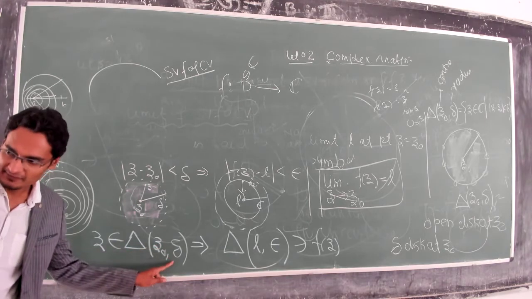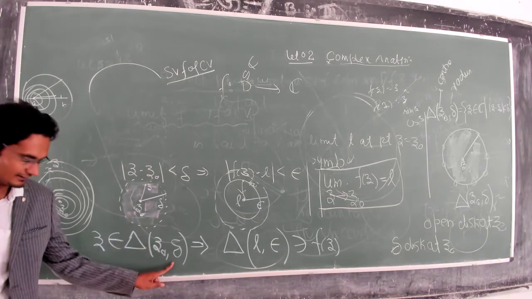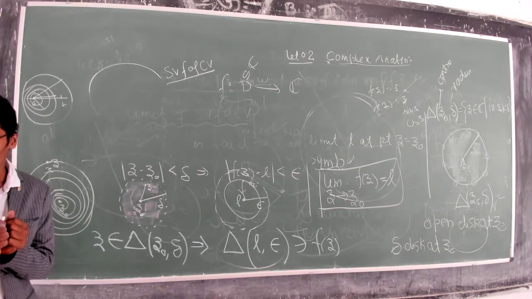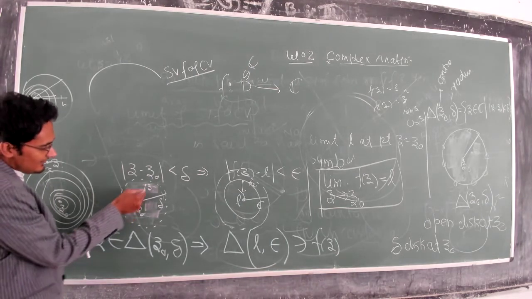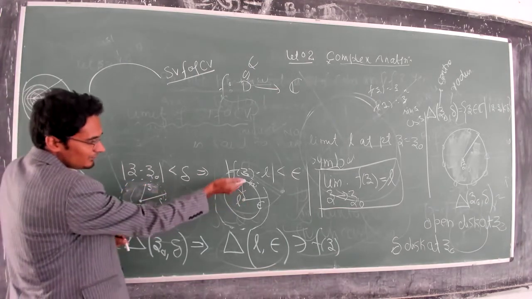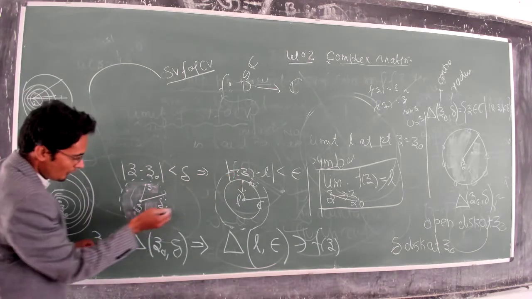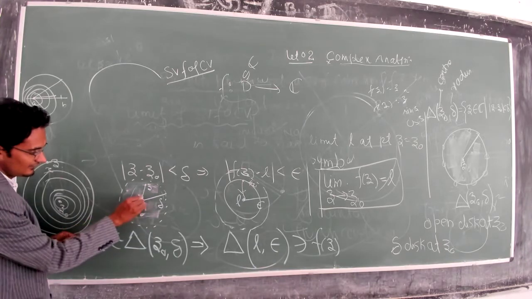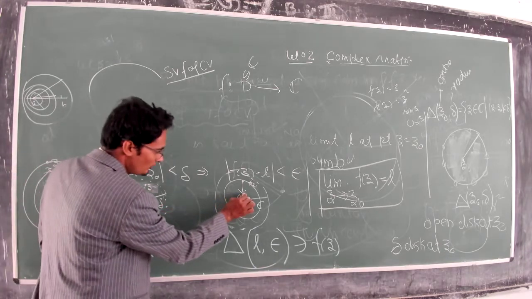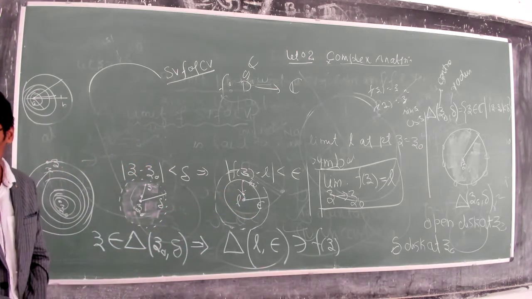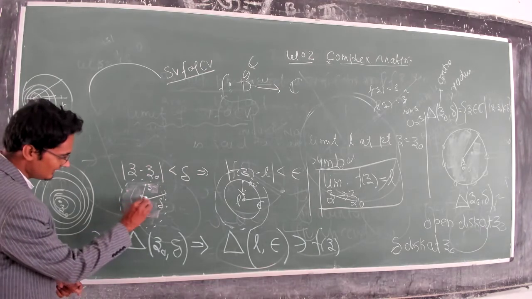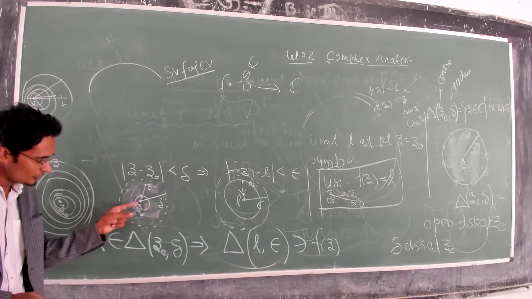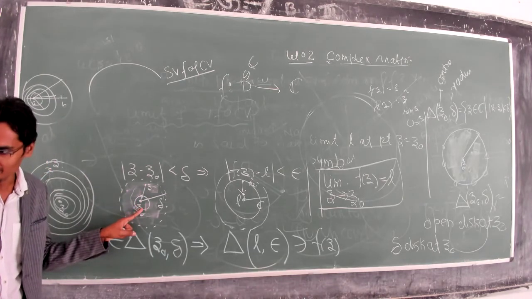The meaning of delta here is that when delta tends to 0, if z is here, then f of z will be a little bit of distance away. When z is very near here, then f of z will be nearer to L. We will make a disk in which z and z naught are there.